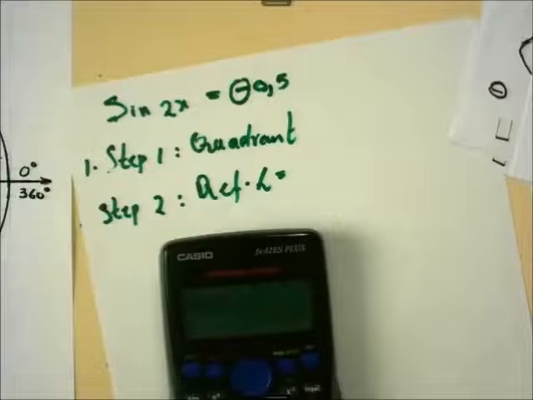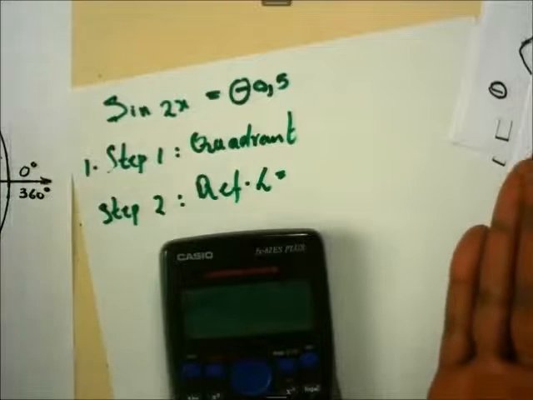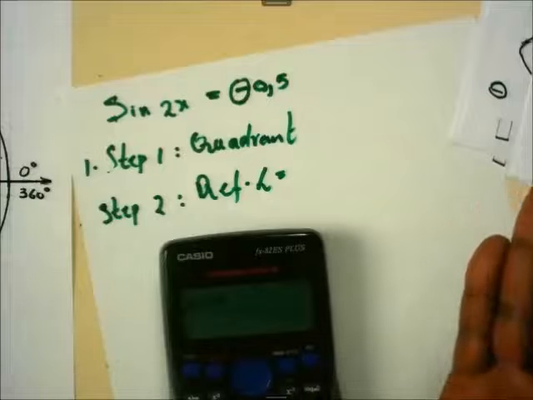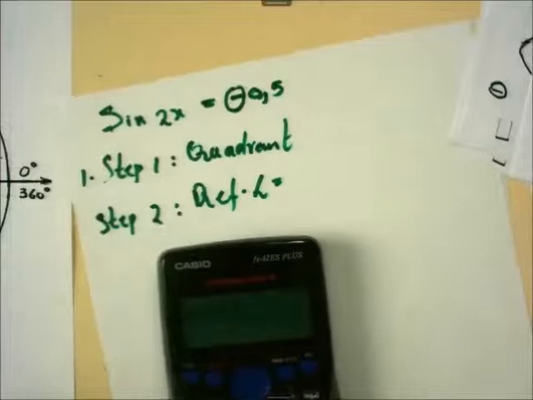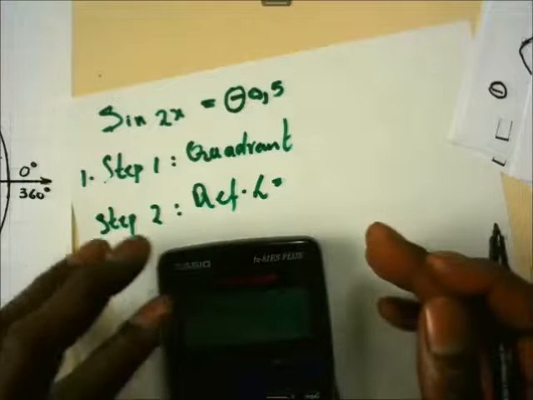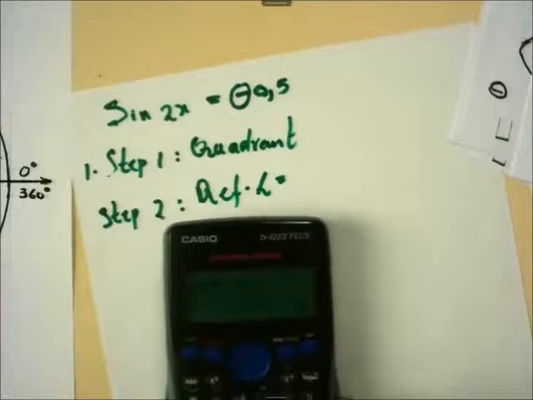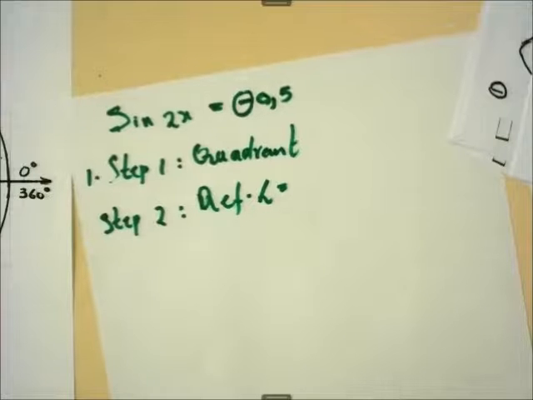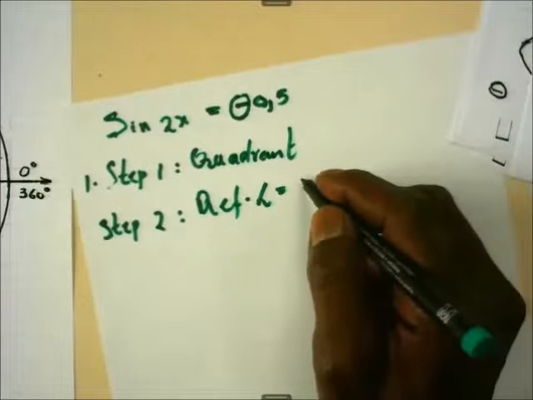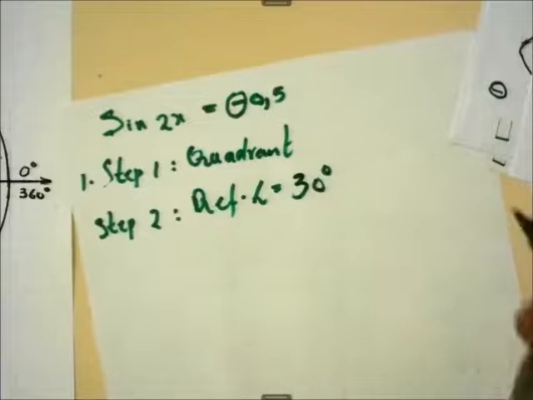I'm tempted to put negative sign there. No, I cannot. Why? I've already used that negative sign to identify the quadrant. So I need to press 0,5. I must be kind to Casio, close the bracket, and the reference angle is 30 degrees there.